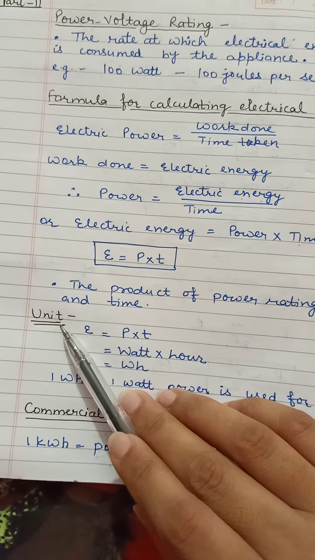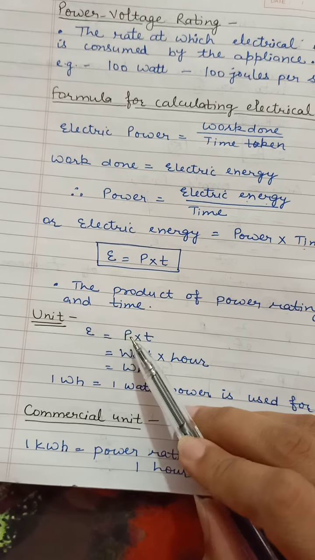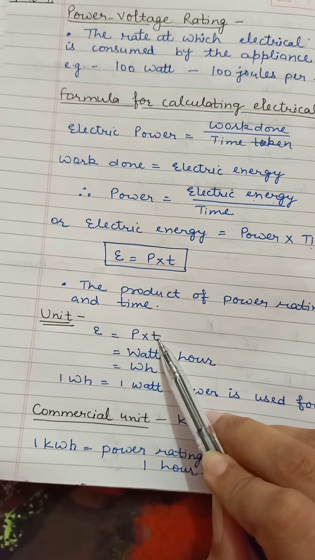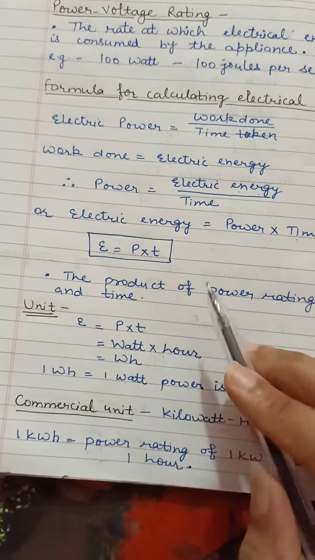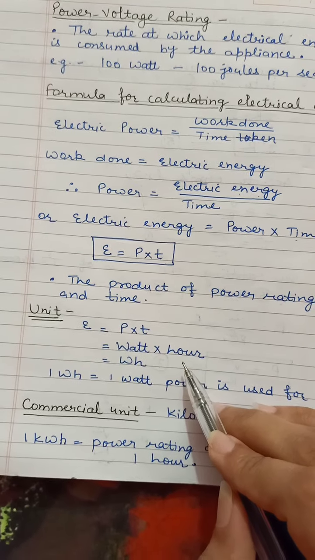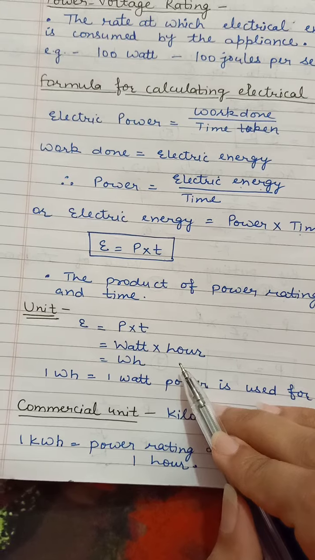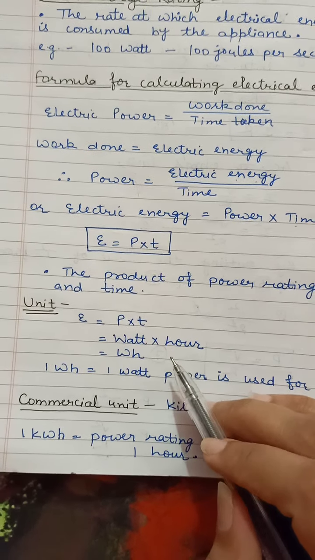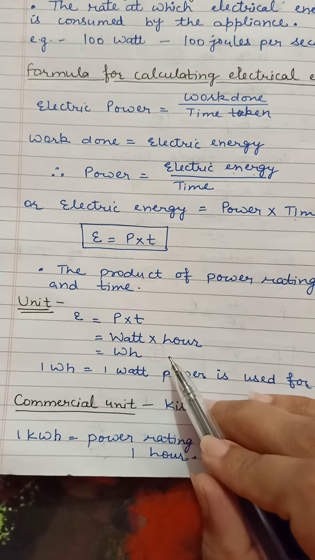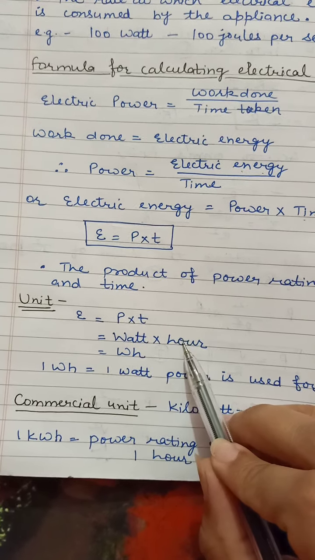Now what is its unit? As we have the formula E is equal to P into T, the unit of power is watt and time is in hour. This is not the SI unit. We should take time in seconds as per the SI units, but we are not using appliances for seconds, so we use the hour.